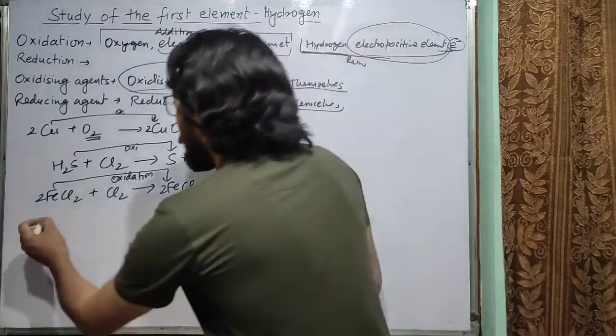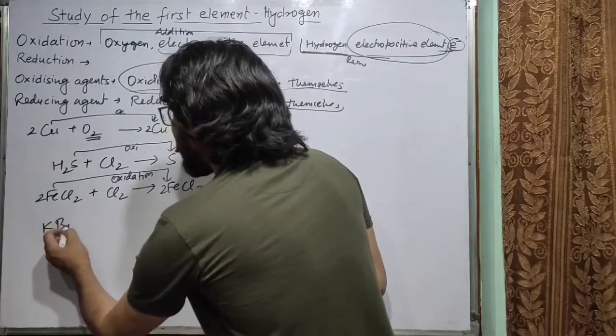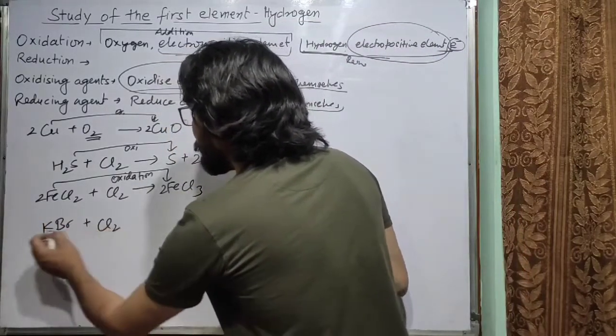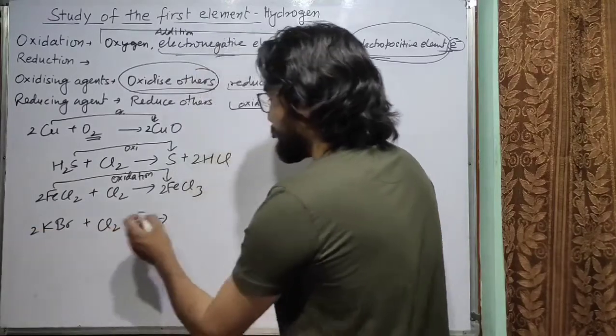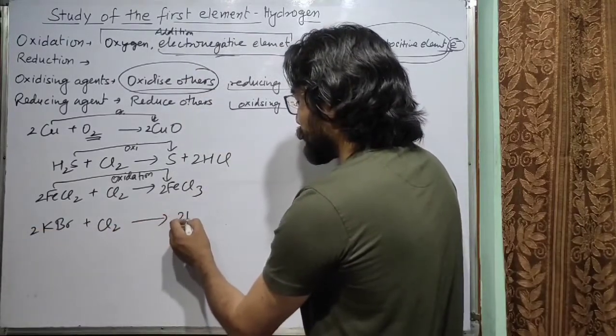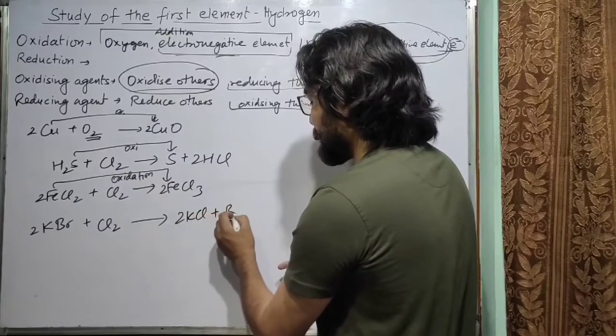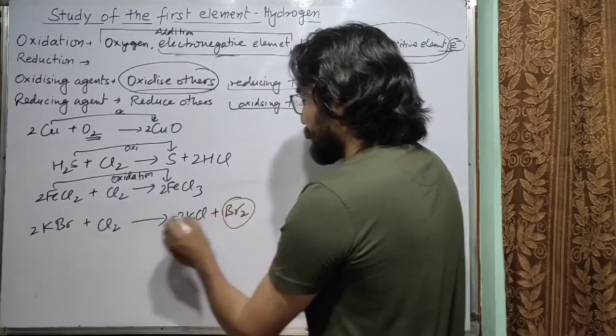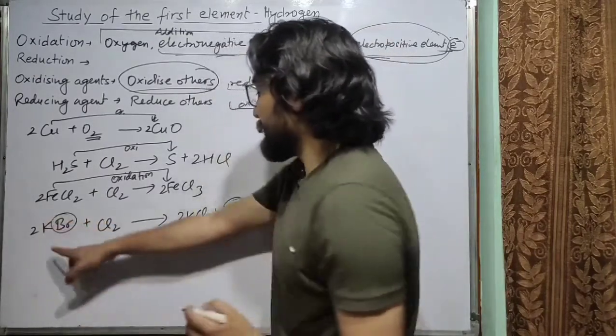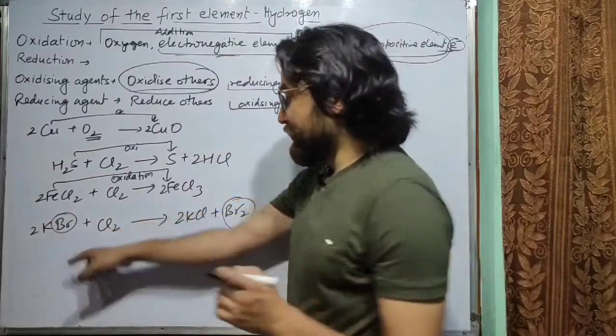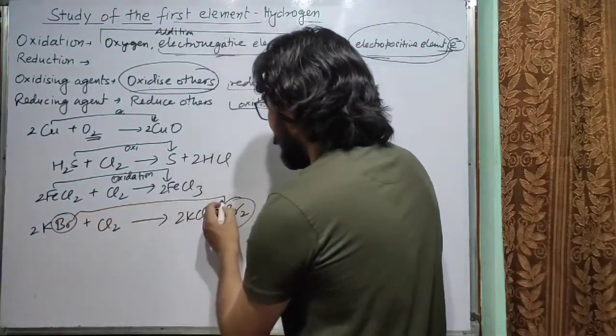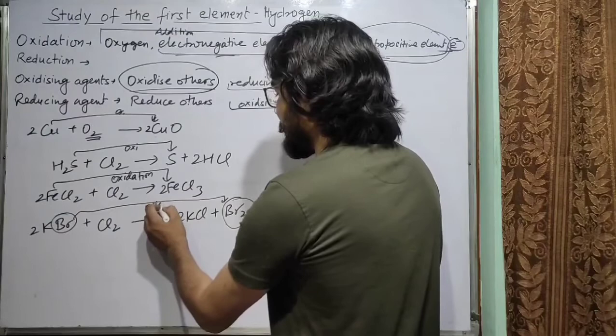So 2 KBr plus Cl2 will form 2 KCl plus Br2. So you can see we have removed potassium from bromine. So oxidation of bromine. So again oxidation.